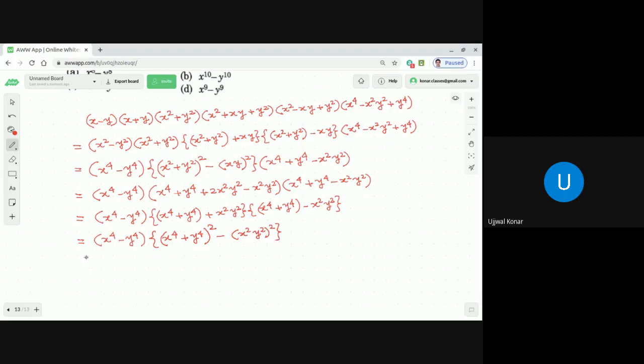Correct or not? So now that is equal to, as it is, x power 4 minus y power 4, I am writing it here, and then x power 4 plus y power 4 whole square.